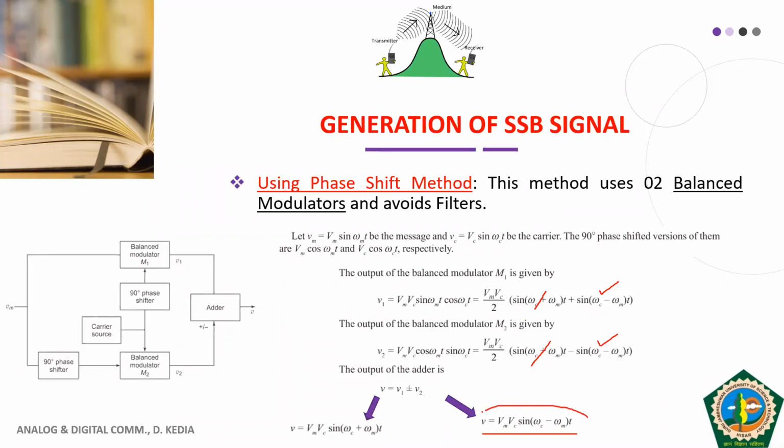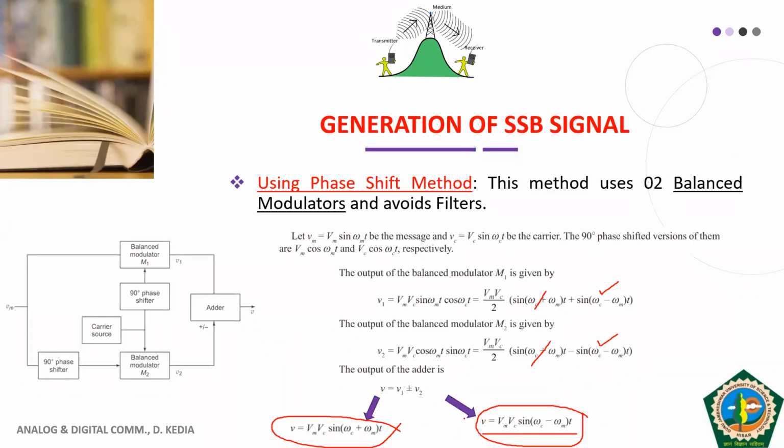So this is our lower sideband, and this is our upper sideband. Whatever we want, we can obtain that sideband. If we want the upper sideband, we add the outputs of the two balanced modulators. If we want the lower sideband, we subtract.